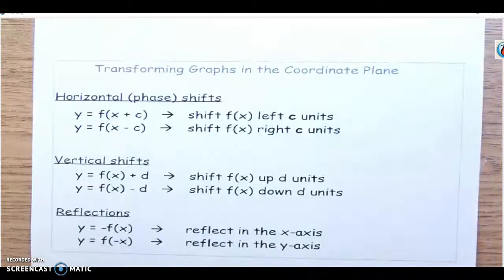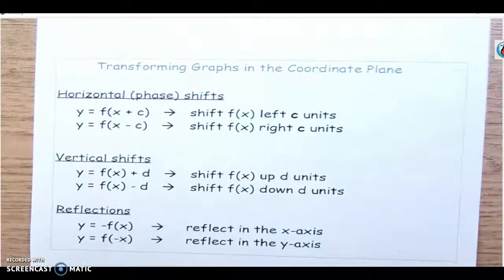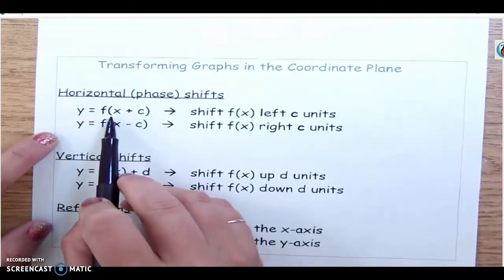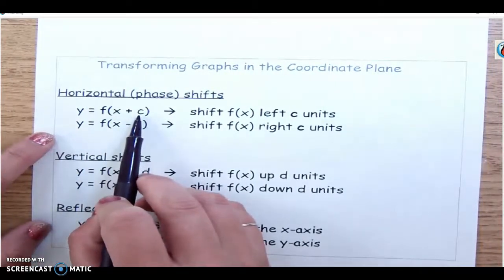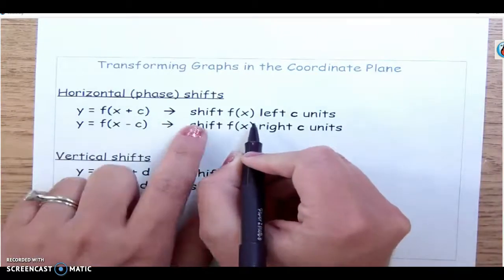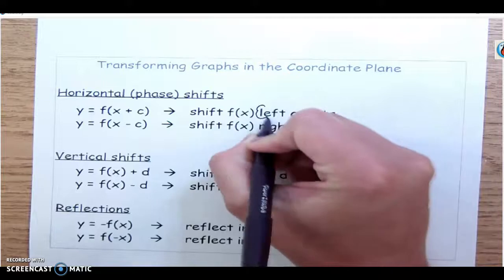So first off, we have horizontal or phase shifts. So when you have in your parentheses an x plus a constant, so x plus c, this means you're going to shift left c units.